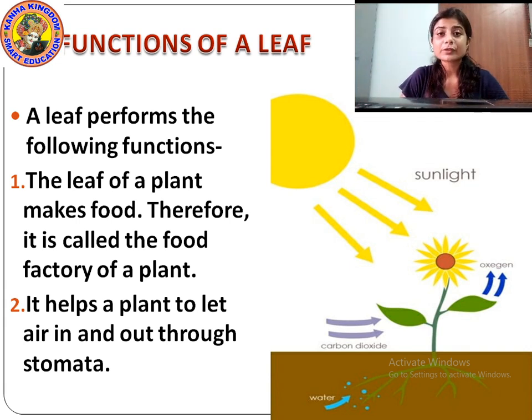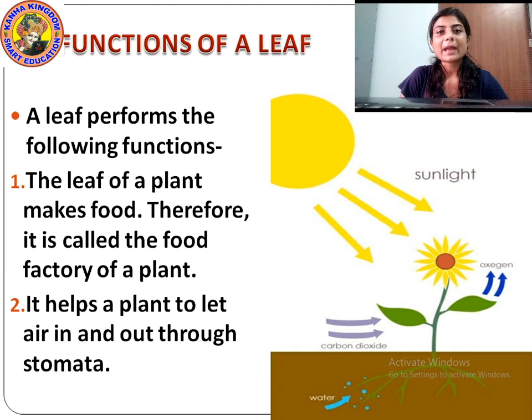The process by which the leaf of green plants makes food for the plant is called photosynthesis. Therefore it is called the food factory of a plant.